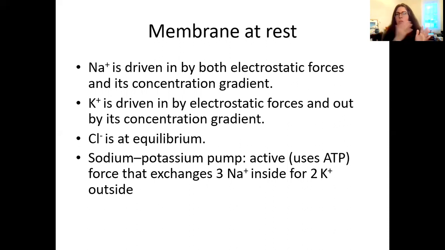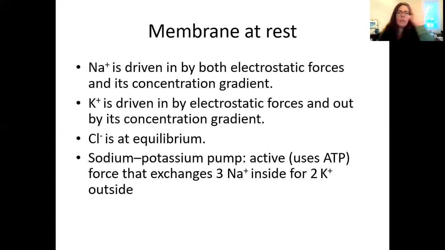The channel is open, it's going to move freely inside and outside of the cell, and the concentration of that chemical is balanced inside and outside of the cell. So chloride is at an equilibrium. So let's not talk about chloride for now. You really want to talk about sodium and potassium.